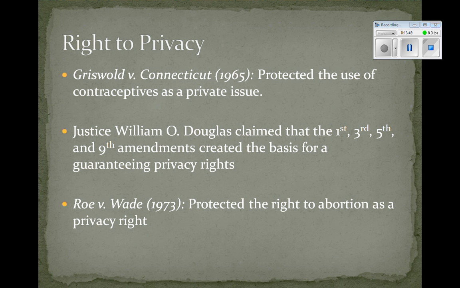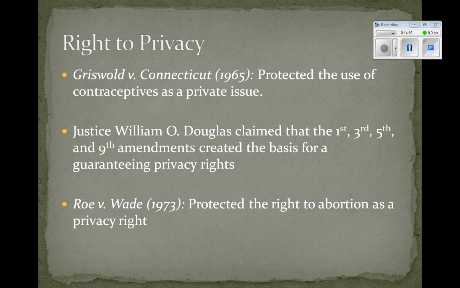Now, the way that the Supreme Court justices describe that is that they claim the First, Third, Fifth, and Ninth Amendments created the basis for guaranteeing privacy rights. In other words, although they didn't exclusively say privacy, they, in essence, created the justification for there being a right to privacy.